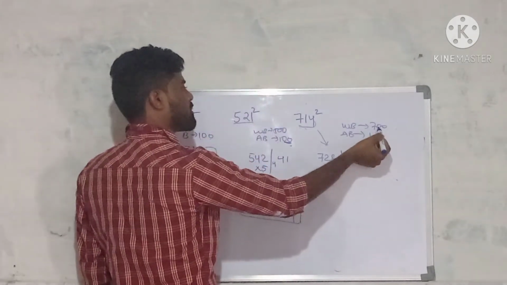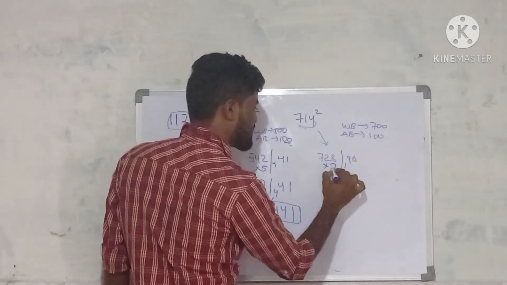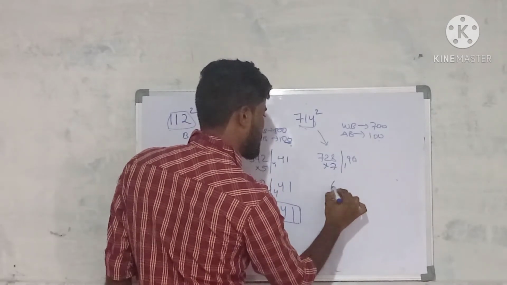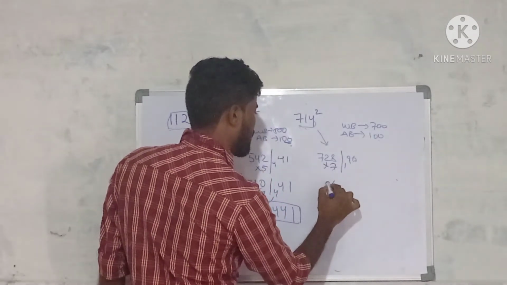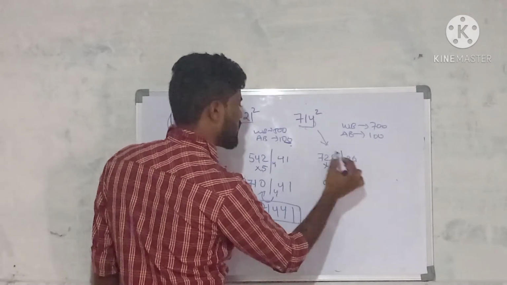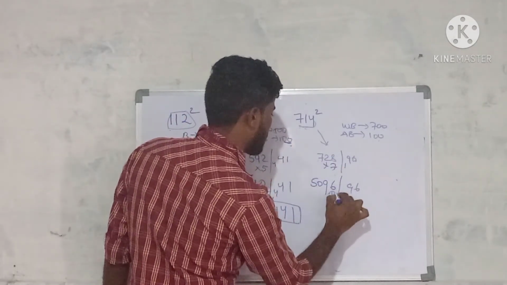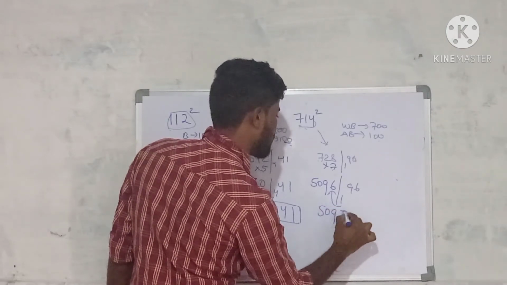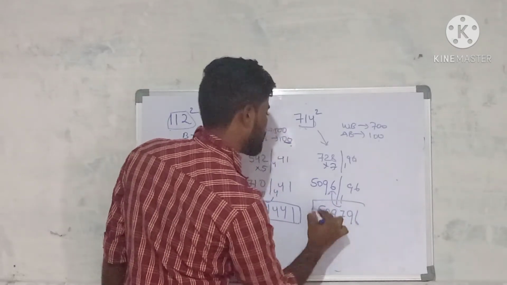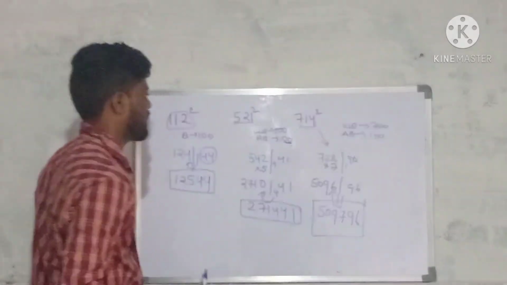We have taken working base as 700. That means multiply this by 7. 7 into 8 56. 7 into 14 plus 5 19. 7 into 7 49 plus 1 50. Add 1 to this number. 5097. This is 714 square.